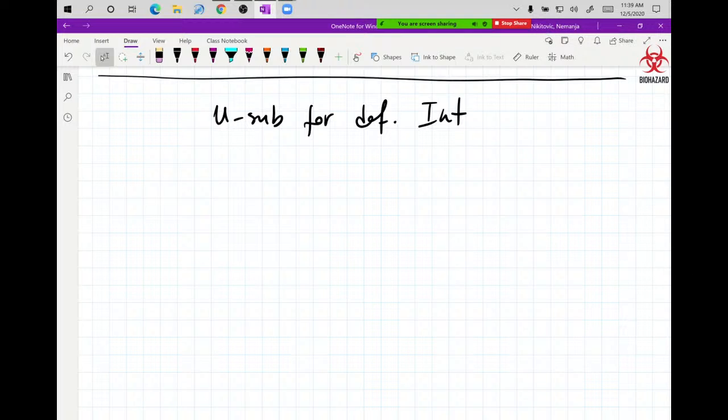So what do we have here? Well, we still have the integral that is going to be solved by Usub, but now you have the limits. So you have something like this, 1 to 6, and you have x times 3x squared plus 4 raised to the third power dx.